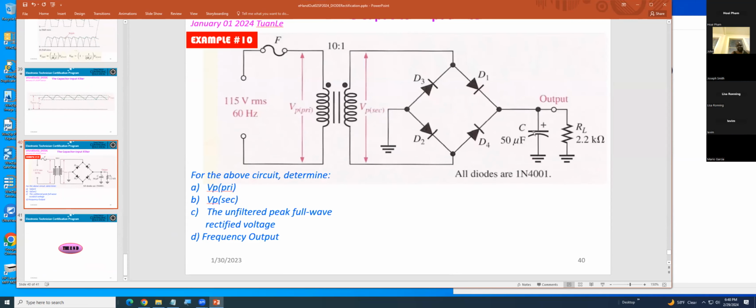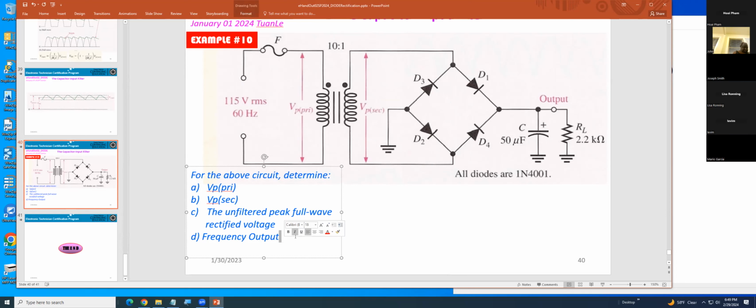Yeah, that means they want the V out right here, output voltage here, okay? So you have to go into the rectifier here to get the formula.